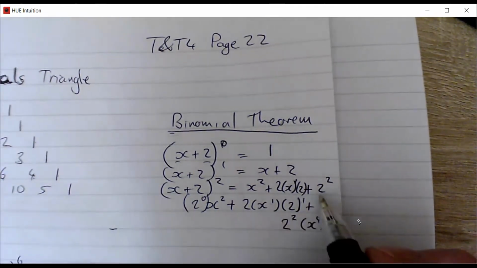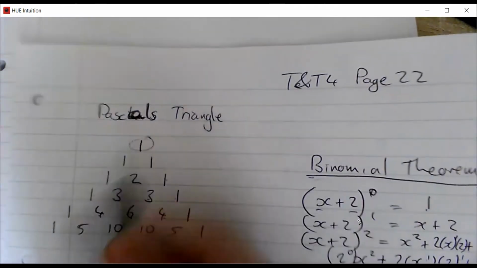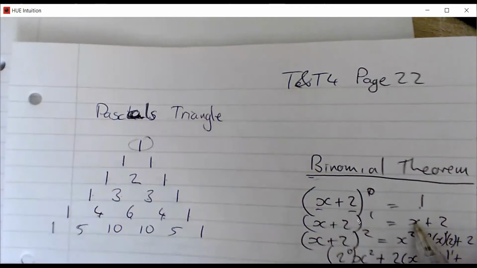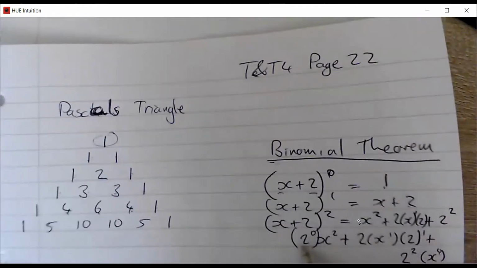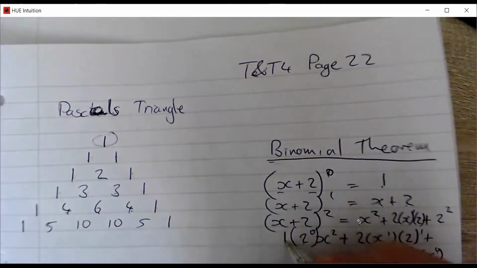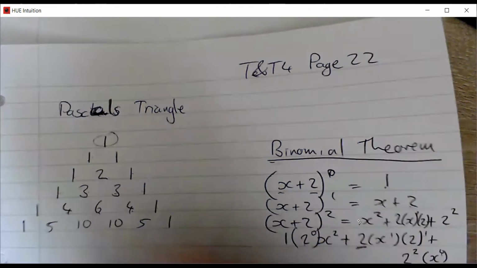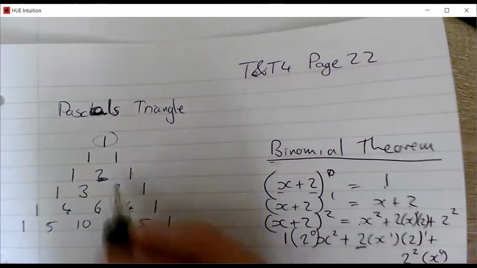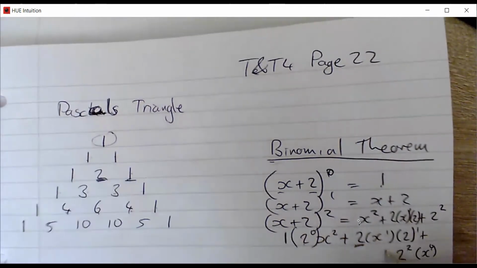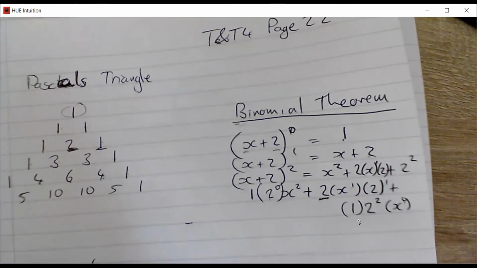The binomial theorem says, look at these numbers. 1 comes from here, matches 1x and 1, 2, great. The next one is 1 times 2 to the 0 times x to the 2, plus 2 times x to the 1, 2 to the 1, and then 1 times 2 to the 2, x to the 0.